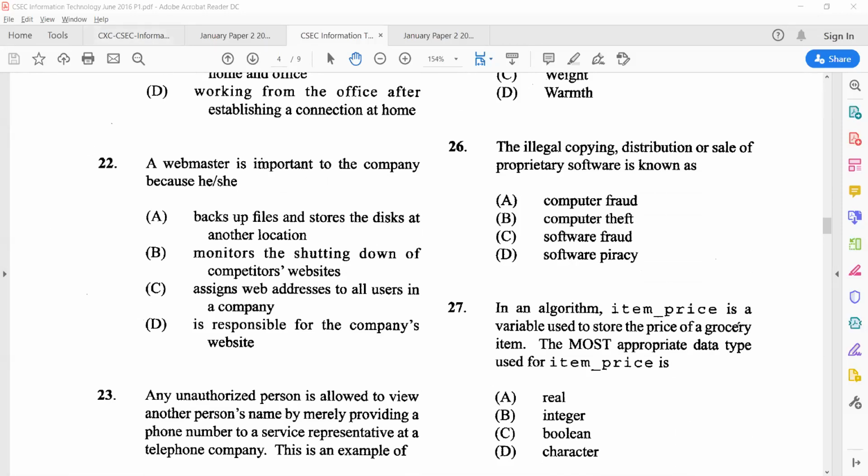Right, so the illegal copying, distribution, or sale of proprietary software is what? Yes, these are answers coming in chat. And that is referred to as software piracy.